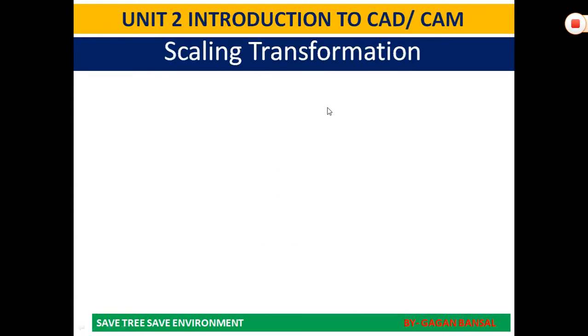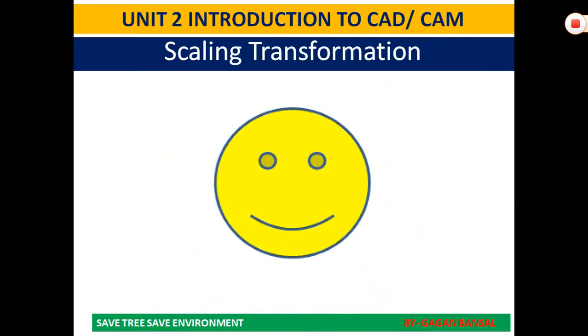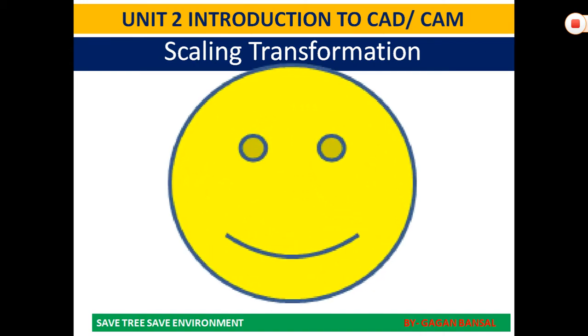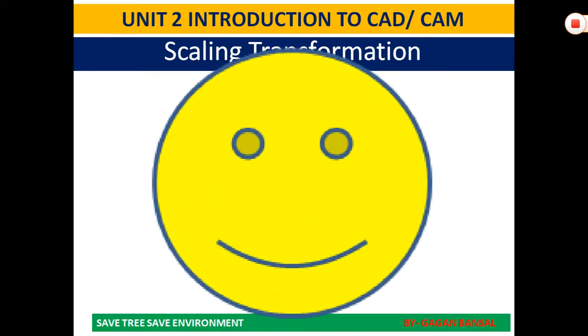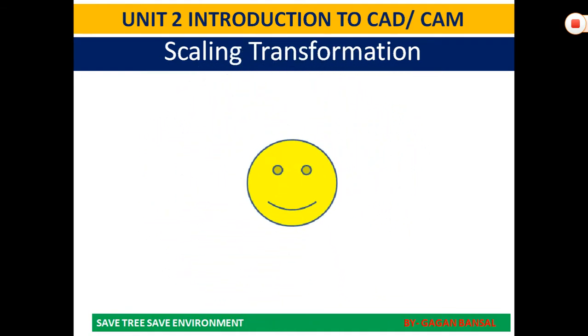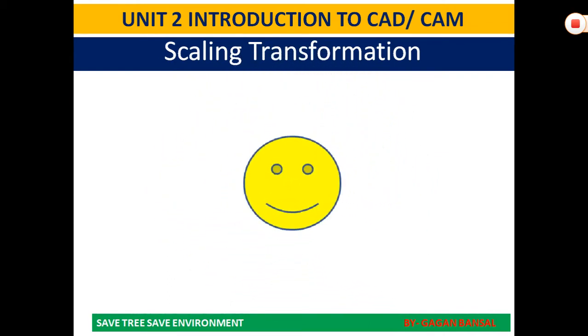Then scaling transformation. By the name it is very clear. Scaling transformation means the compression or enlargement of any particular entity. As you can see in this particular figure, it is made very clear what exactly the word scaling means. And scaling doesn't always mean only enlargement; even the reduction in size is termed scaling.